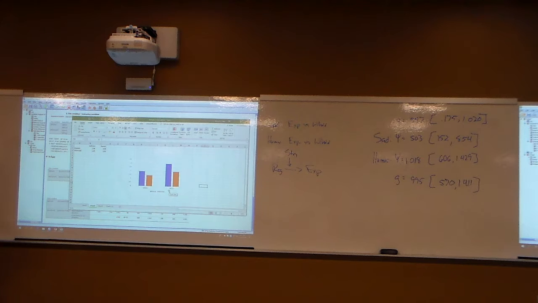Looks like there's a bigger effect for expression withholding during the humor film. How strong is that evidence of a larger impact of regulation for humor versus sadness? Is this compelling evidence? No? What do you think?